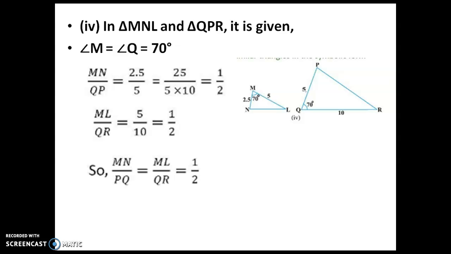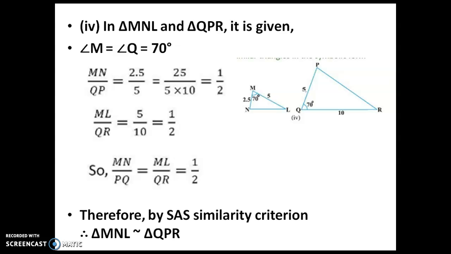So now one angle is equal, and the two sides enclosing the angle are also in the same proportion. So by SAS similarity criterion, we can say these two triangles are similar. SAS means side angle side: the angle should be enclosed between the two given sides, the sides which are proportional.